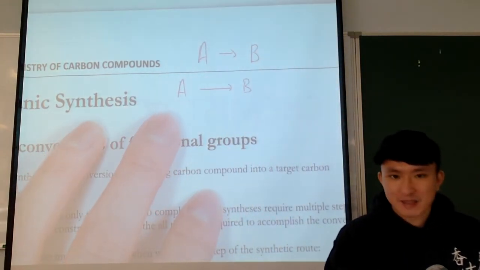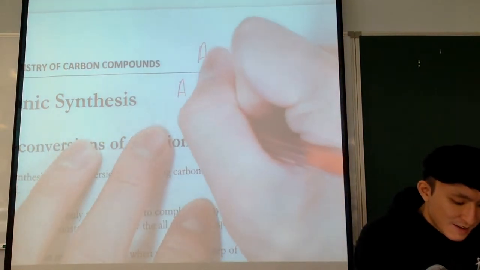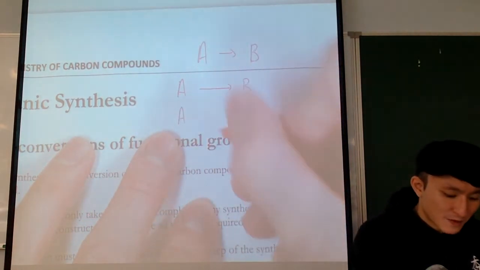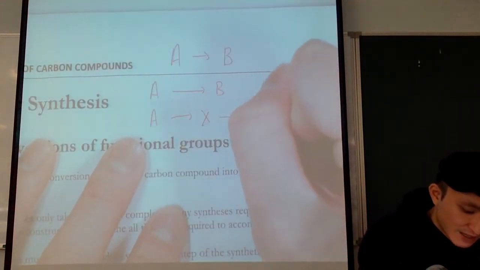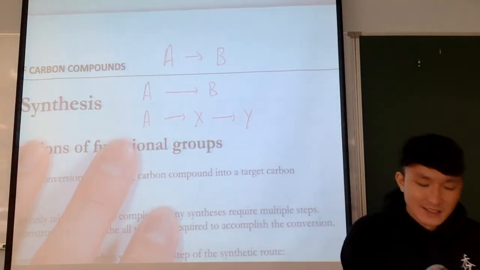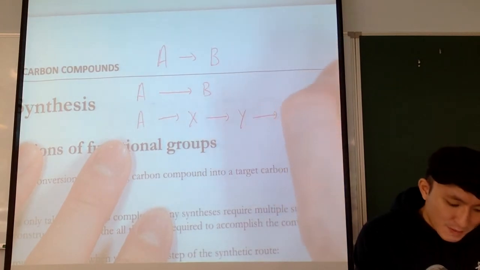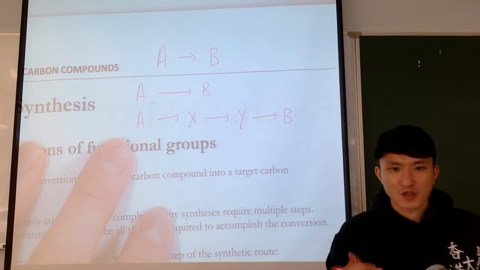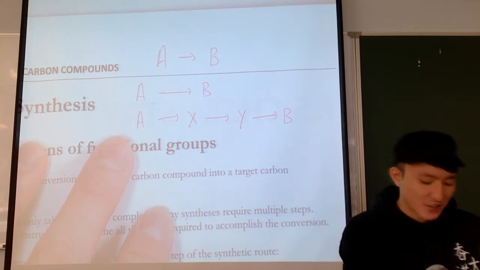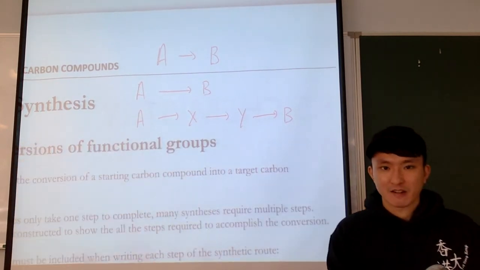But sometimes A may first need to be converted into X, and then X converted into Y, and at last Y converted to B. So it takes several steps, several reactions, to actually change from A to B.